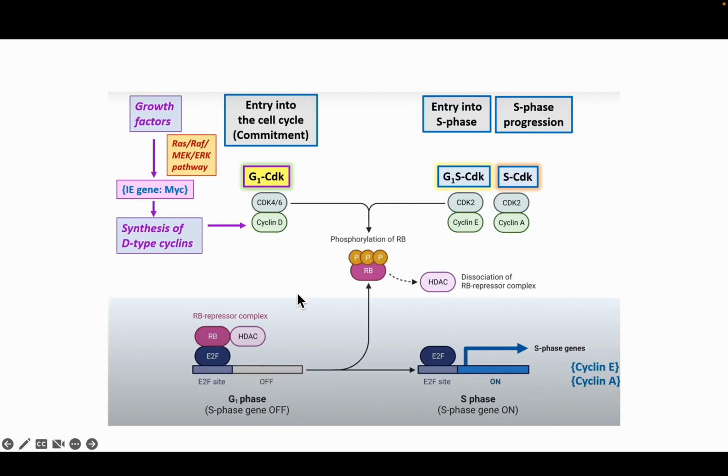It will turn them off, and if it is phosphorylated, then G1 CDK will be activated, from the G1 CDK we'll see G1/S CDK will be activated, and the cell will enter S phase. The normal pathway will be intact.